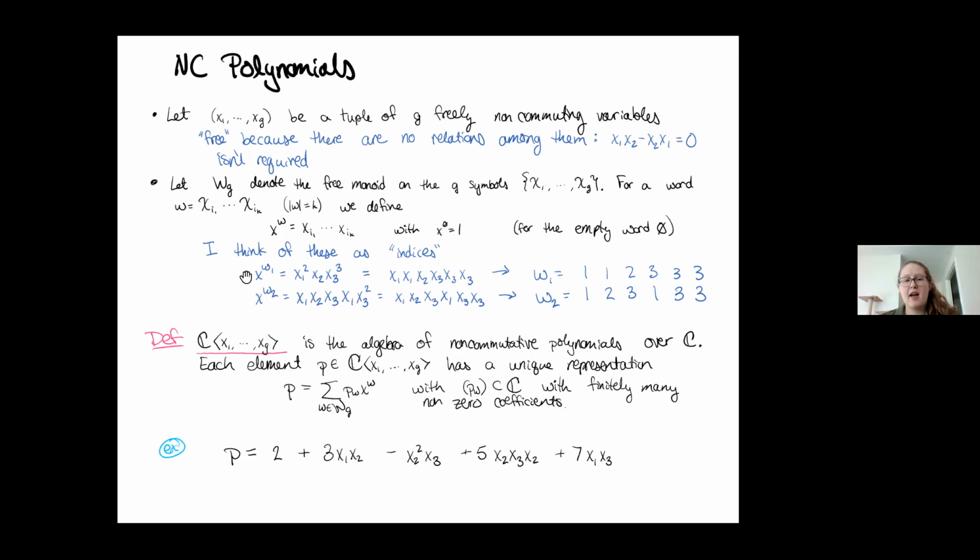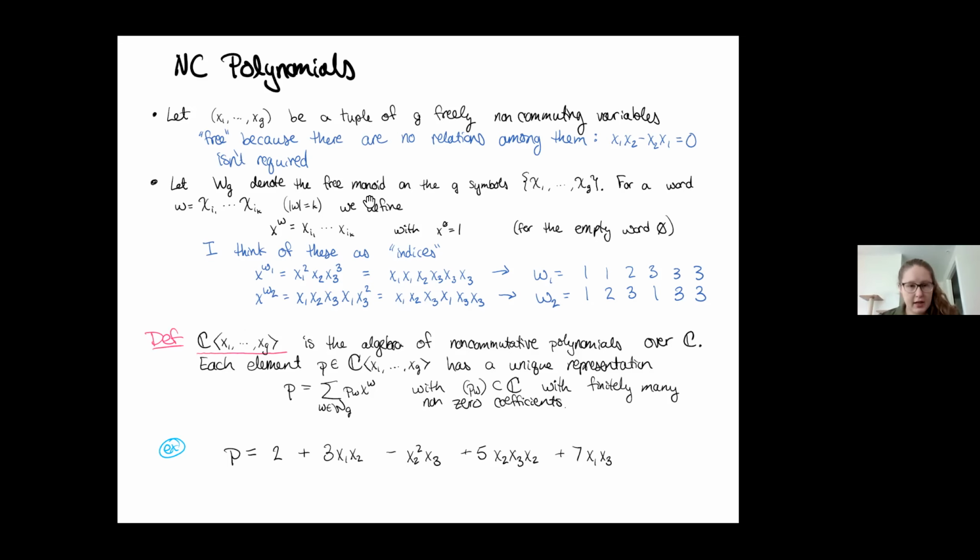So here I have my x to the w1, that's x1 squared, x2, x3 cubed. And that corresponds with the word 1, 1, 2, 3, 3, 3, because I have 2 x1s, an x2, and then 3 x3s. And notice this is different than if I have x to the w2, x1, x2, x3, x1, x3 squared, where here this corresponds with the word 1, 2, 3, 1, 3, 3.